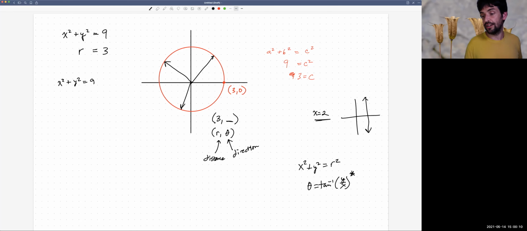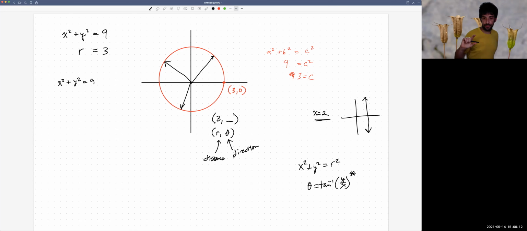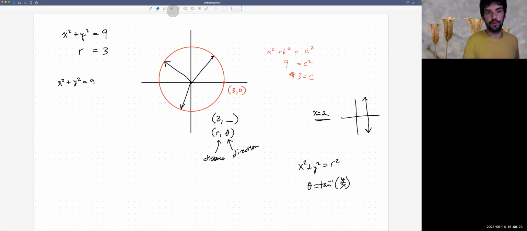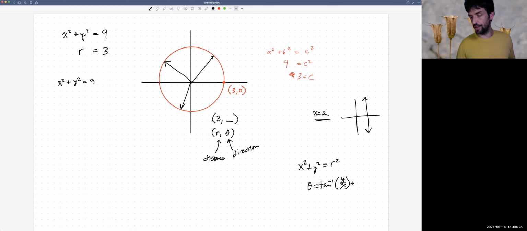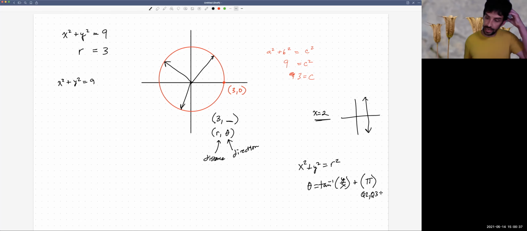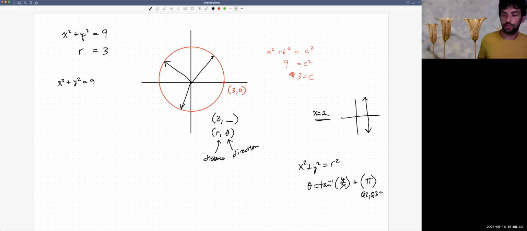I'm just going to put a little asterisk here. Remember, if it's in quadrant 1 or 4, this is true. This is the equation for quadrant 1 and 4. We have to add pi if we're in Q2 or Q3. So you might have to add pi depending on which quadrant.